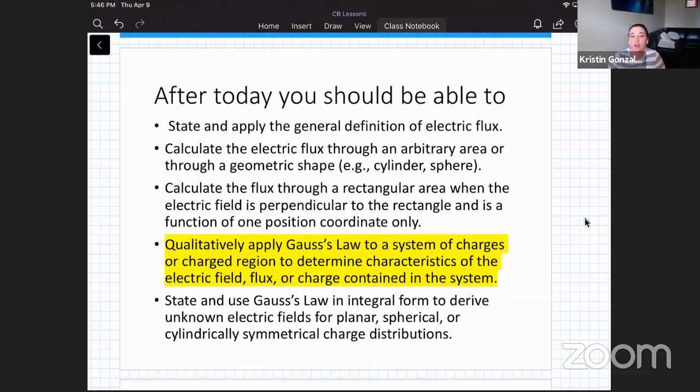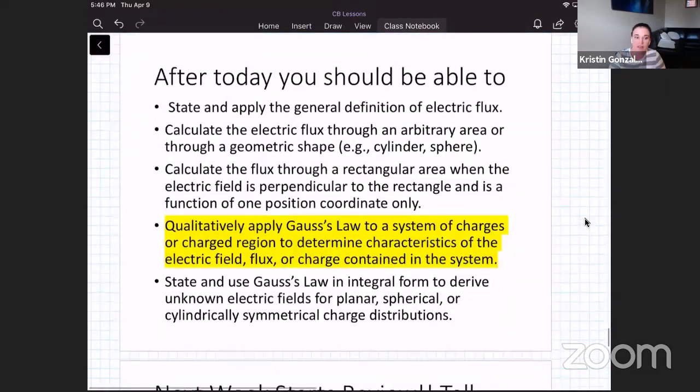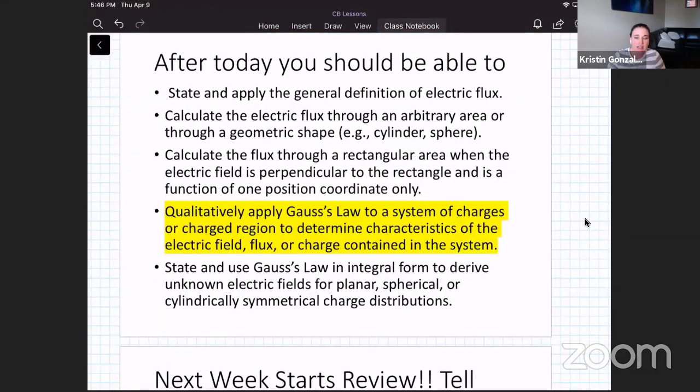Looking at what charges are contributing to flux or contributing to field, like that end question here that we dealt with. And understanding the concepts behind it and not just the derivations of all of the E fields that we derived. Is it important to be able to do that? Absolutely, because math can still explain concepts, but understanding that basis of what is Gauss's law and what kind of surface you would choose is really going to be important for the exam.